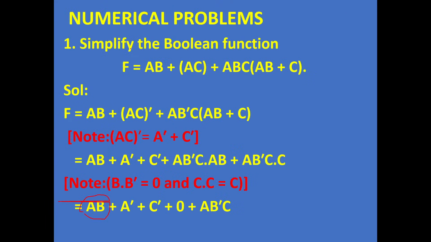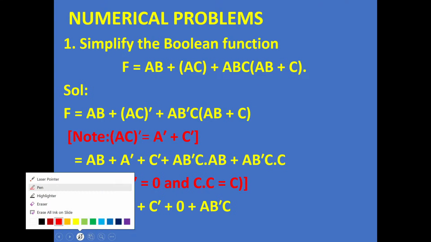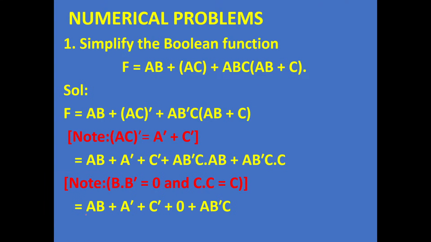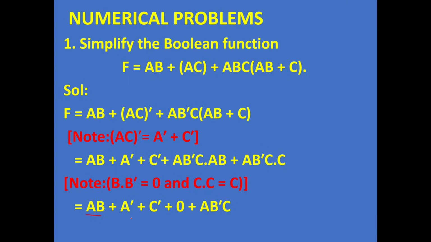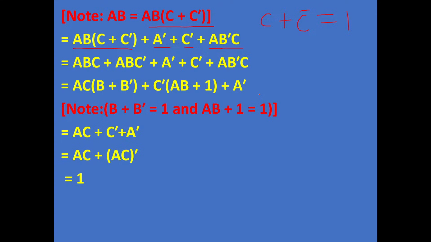So in the previous equation, what was there? Only AB was there. In the next expression, what did I do? I simply added C plus C bar. So AB into C plus C bar. This is what you will get, and the remaining terms you write down as it is: A bar C bar, A B bar C. Now expand this.